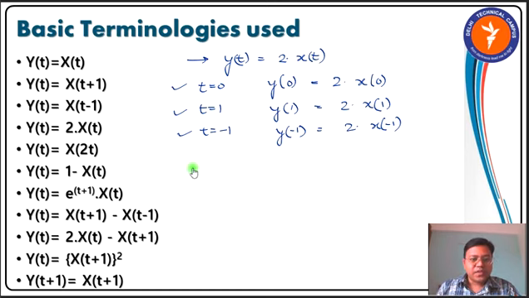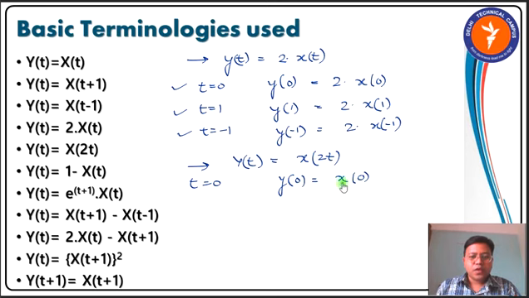Now, let us see the next numerical, which is y(t) equal to x(2t). Now, what is this system saying? At t equal to 0, we have y(0) equal to x(0). Now, this equation is saying that output at t equal to 0 is dependent on input at t equal to 0.